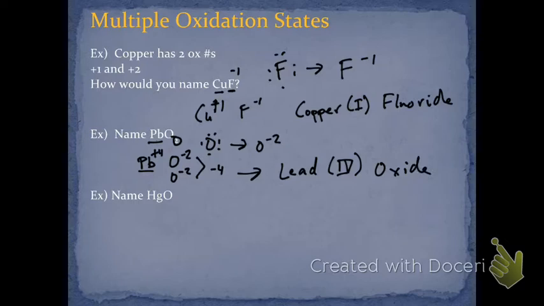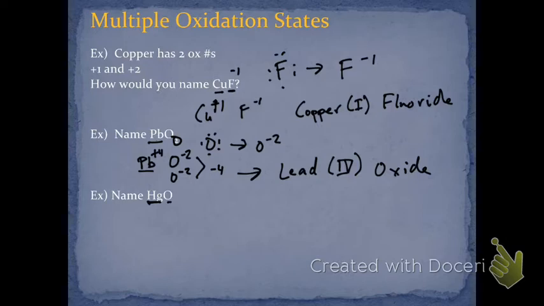Let's take a look at this. This is mercury and this is oxygen. Now, one thing I should mention, I'll do it on this one. The first thing I want to do is look at oxygen. I first find mercury. Now, mercury, I notice, is not in group 1, 2, or 3. It's not silver or zinc. So I know it's going to have multiple oxidation numbers.